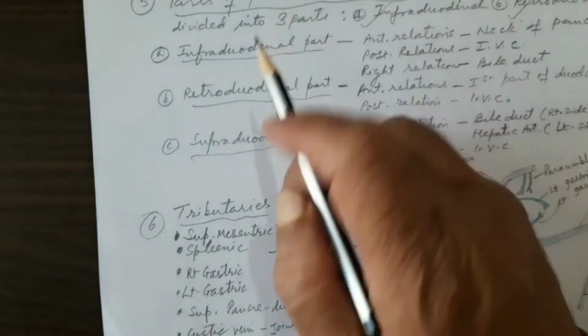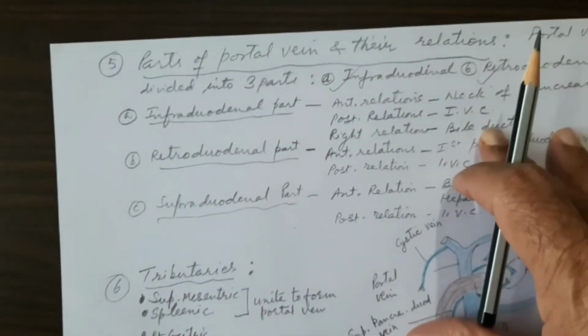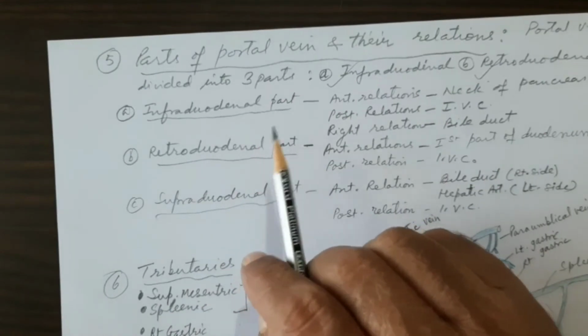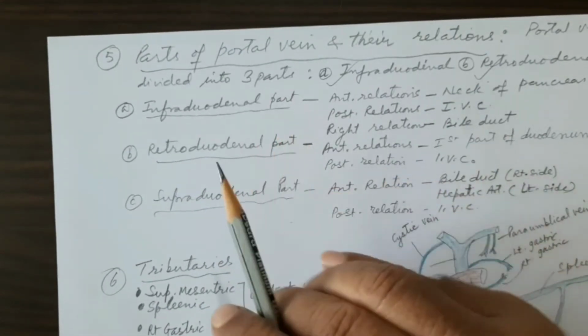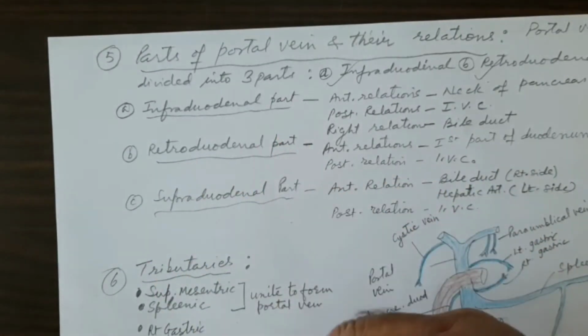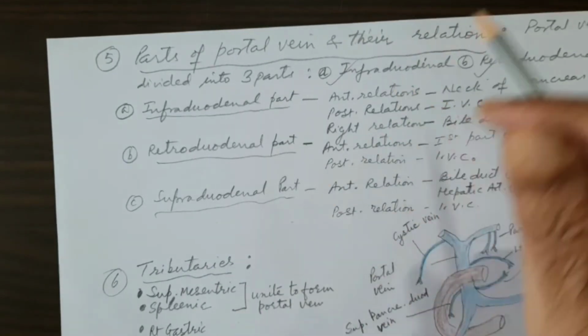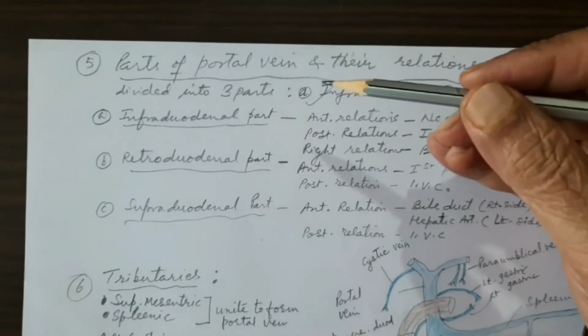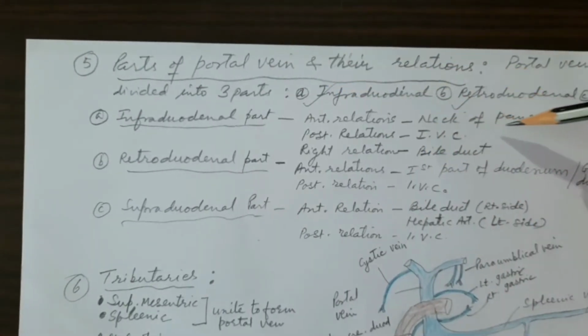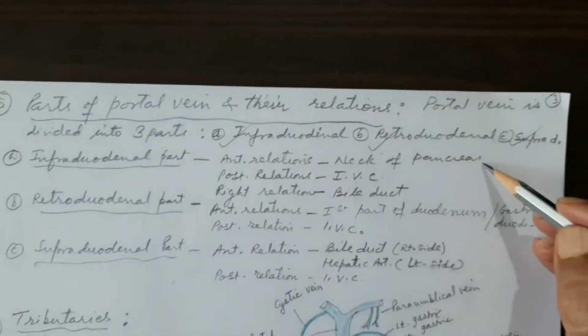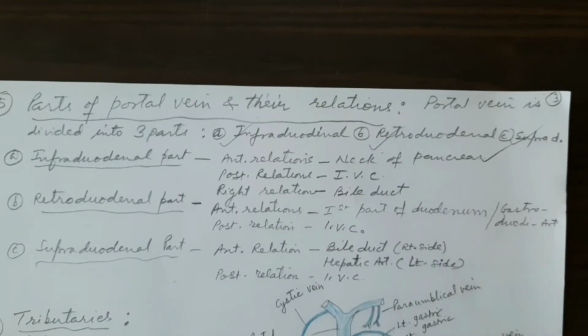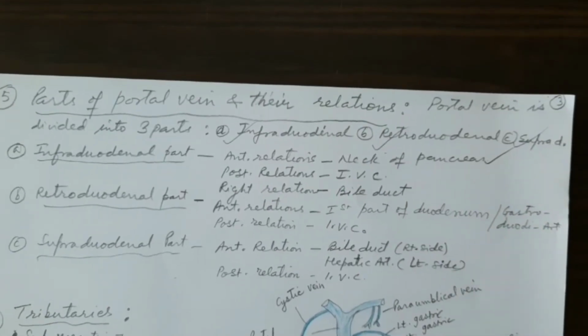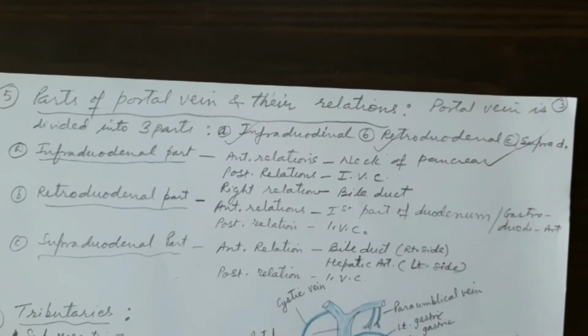Let us now see the relation of the infraduodenal part, which lies at the neck of the pancreas. The anterior relation of the infraduodenal part is the neck of the pancreas, because it lies just behind the neck of the pancreas.